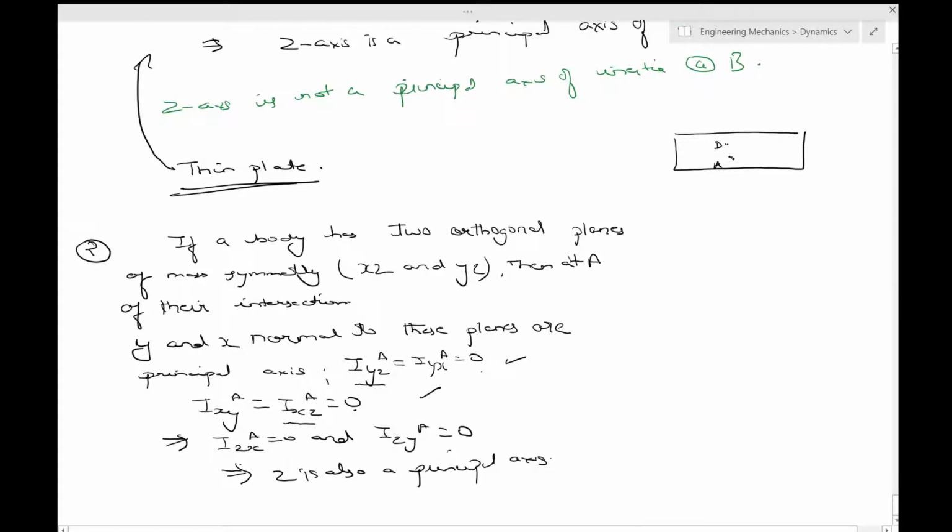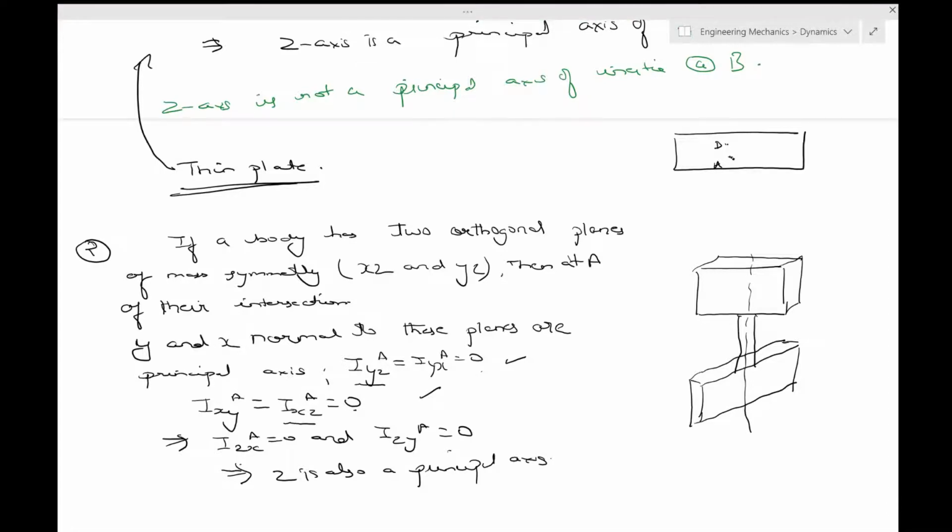Say you have a geometry like this. Let me draw the XYZ axes over here.